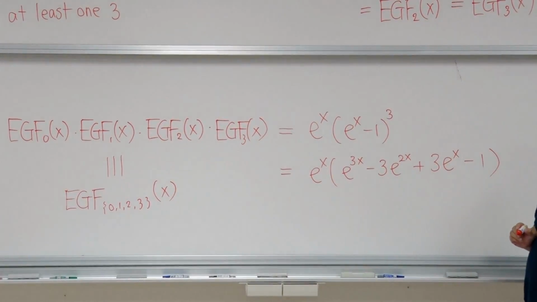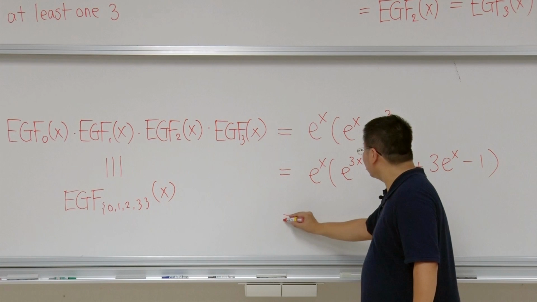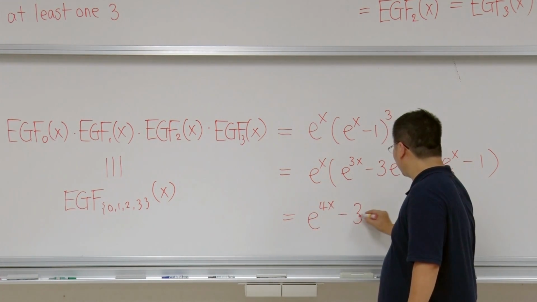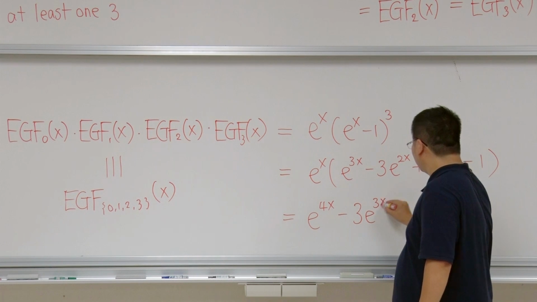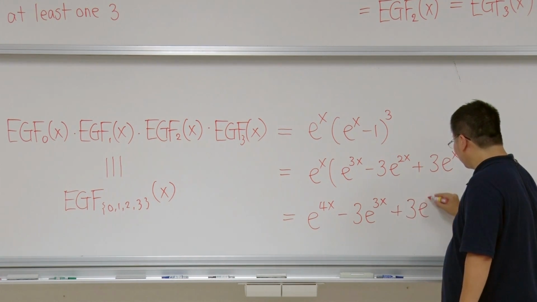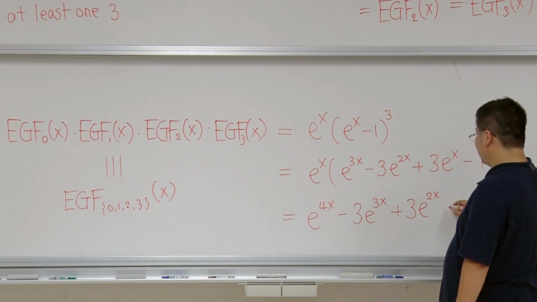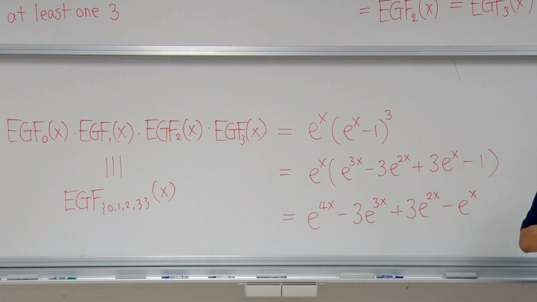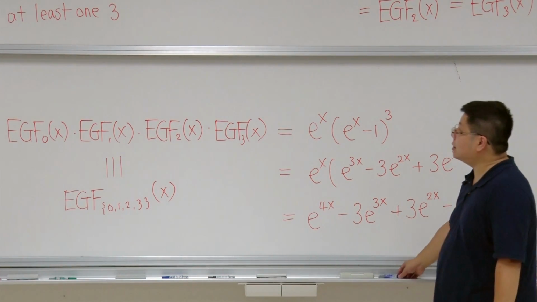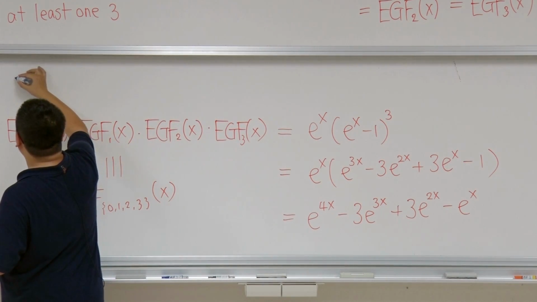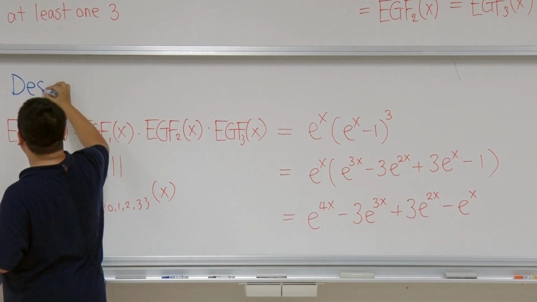Am I correct? And then this is equal to e to the power 4x minus 3 times e to the power 3x plus 3 times e to the power 2x minus e to the power x. Is that okay? And then the answer. So what is the desired answer?